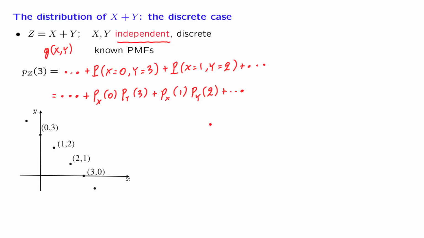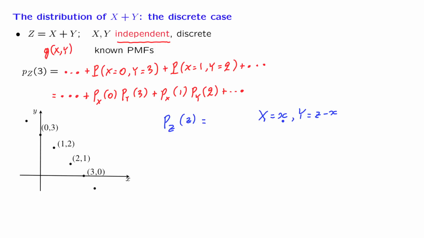In the general case, the probability that the sum takes on a particular value little z can be calculated as follows. We look at all the different ways that the sum of little z can be obtained. One way is that the random variable x takes on a specific value little x, and at the same time the random variable y takes the value that's needed so that the sum of the two is equal to little z.